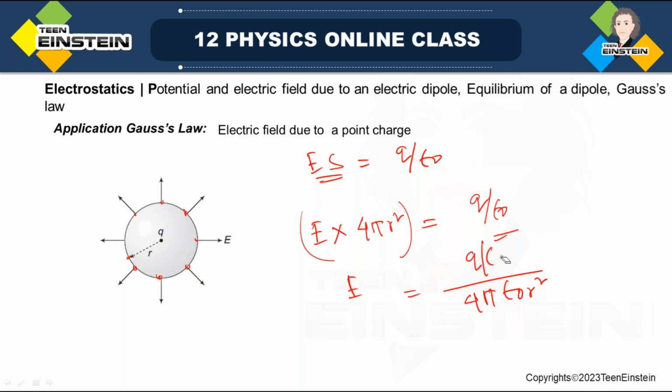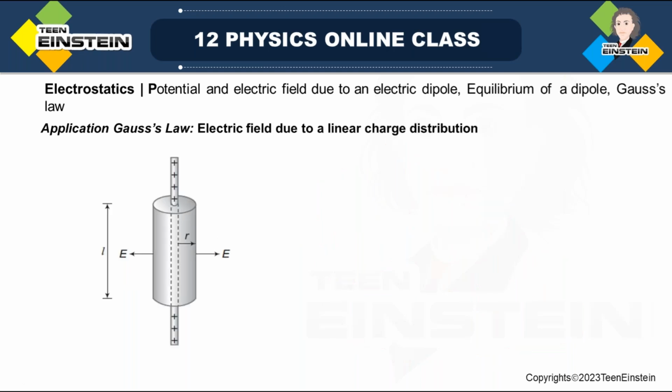Sorry, this epsilon 0 I'll just keep as it is. For a point charge, we know this is the electric field, while calculating using Coulomb's law etc. We have got Q by 4 pi epsilon naught r square, the same. So Gauss's law is actually a more general and powerful tool to calculate electric field, but the only thing is that you need to know the symmetry so that you can find out the flux properly.